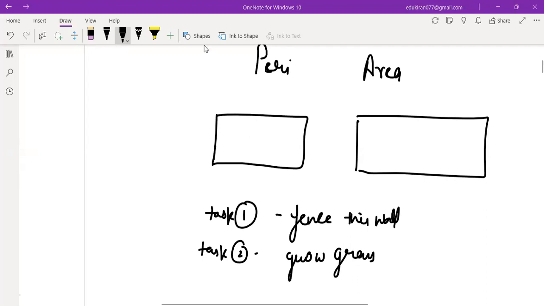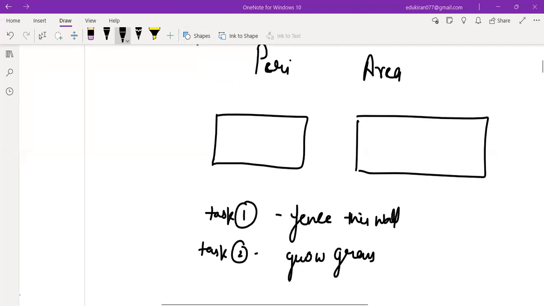Okay. What about Chakrika? Ma'am, I think it's the opposite. Okay. What about Abdullah? Perimeter for fencing and area for growing. Okay. Vega? Ma'am, I think what Sindhu told is correct.